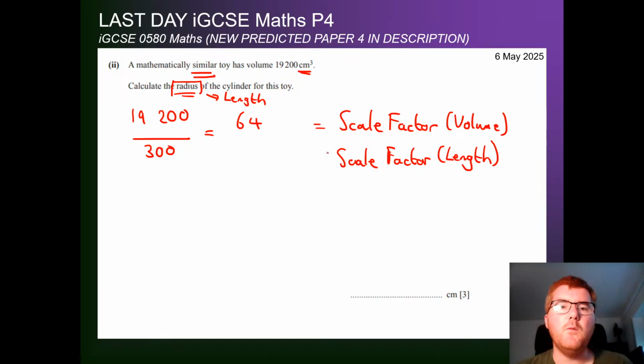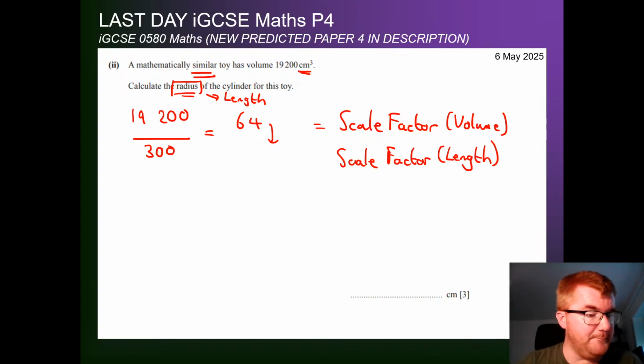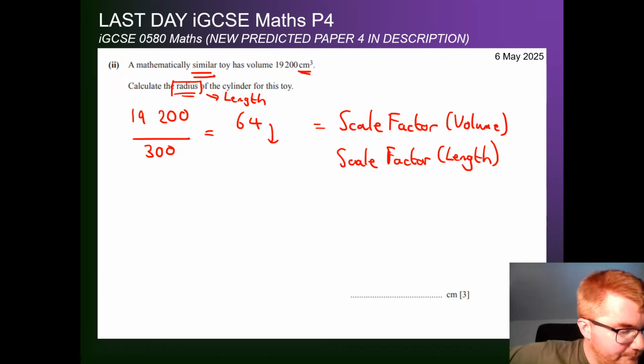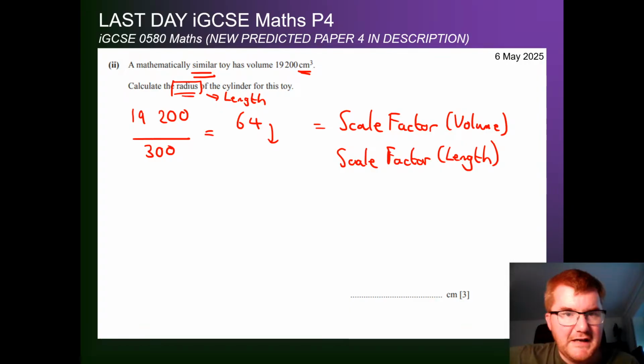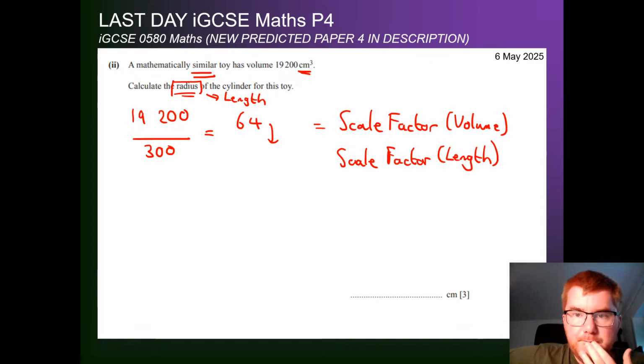So who can tell me what we do with the 64 to go from the volume scale factor to the length scale factor? Who can tell me that in the chat?